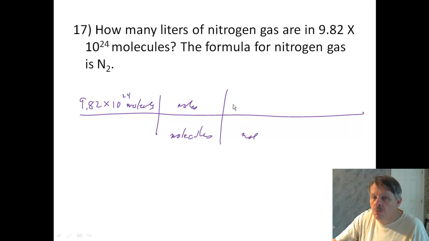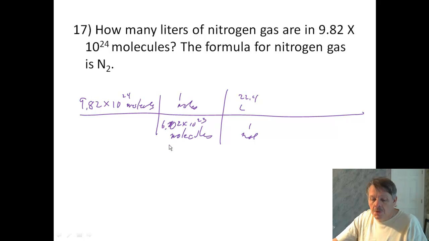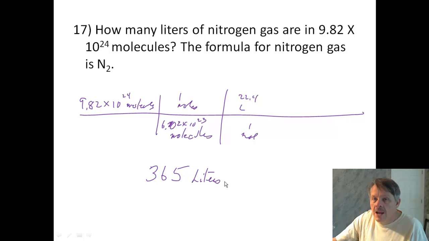And then from moles, we have to go to, in this case, liters. Moles is always 1. Liters is 22.4. Molecules is 6.02 times 10 to the 23rd. Okay. When we multiply this whole thing out, we get 365 liters. It happens to be of nitrogen gas.